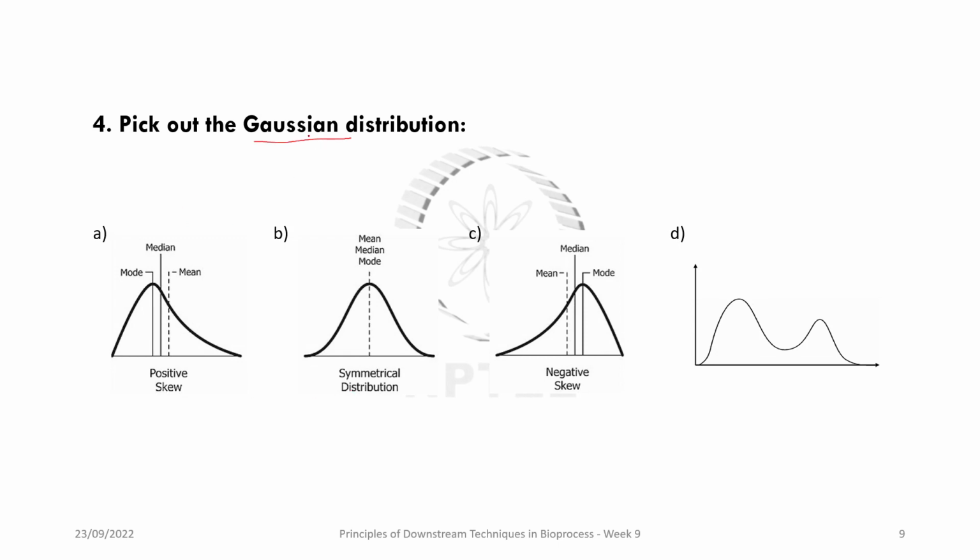Gaussian is also called normal distribution. Thank you, Urja. We just saw a distribution like this, right? And I just called it Gaussian.